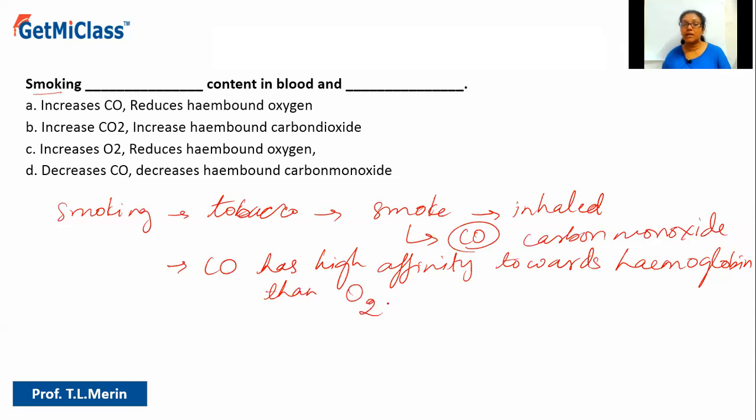Instead of allowing the binding of oxygen to hemoglobin, the carbon monoxide will bind first because it has more affinity. And because of this, it will reduce the binding of oxygen with hemoglobin. So you can say it can reduce heme-bound oxygen.